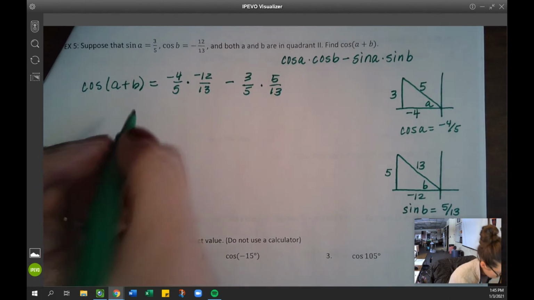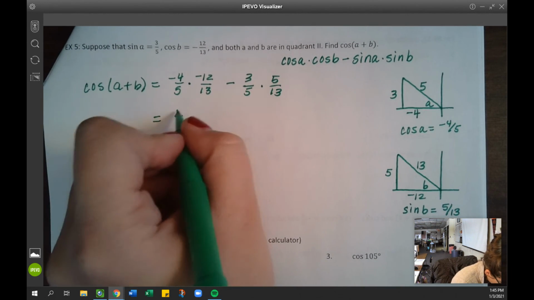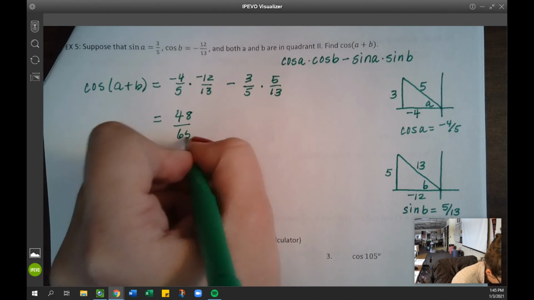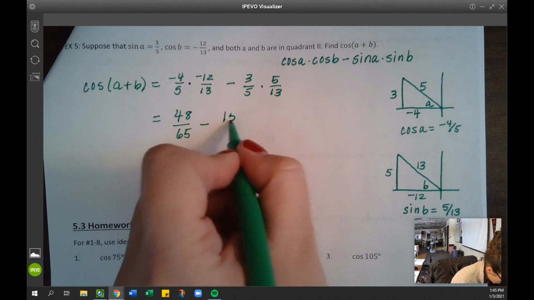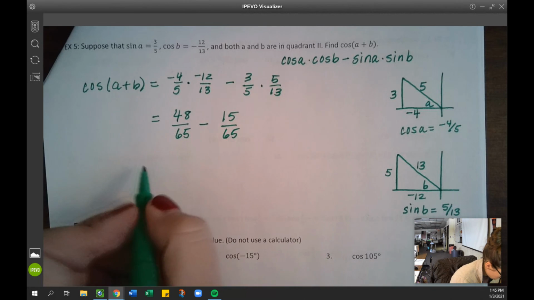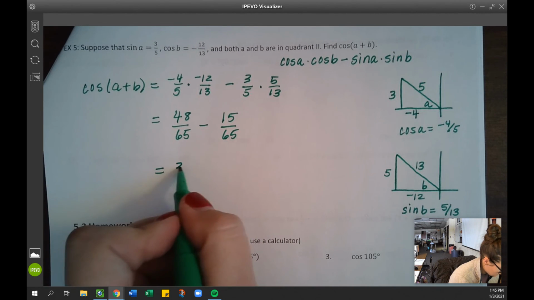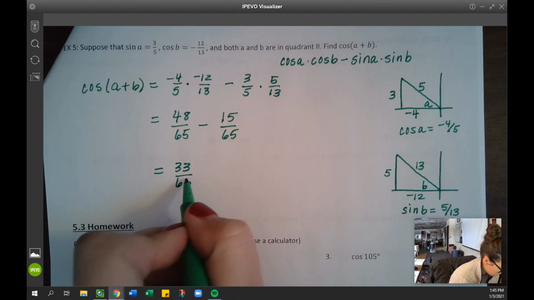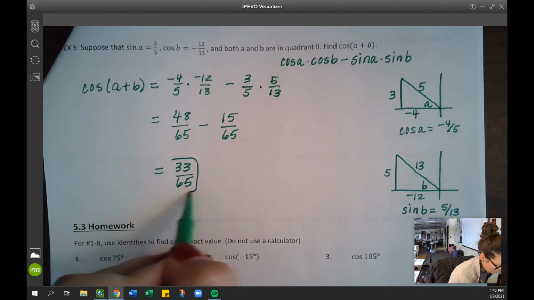And now we simplify. That's positive 48 over 65 minus 15 over 65, which gives us 33 over 65. And that would be our final answer.